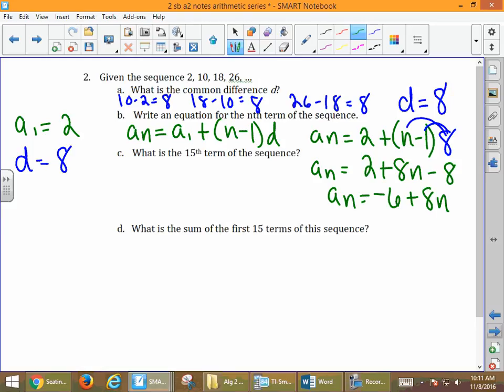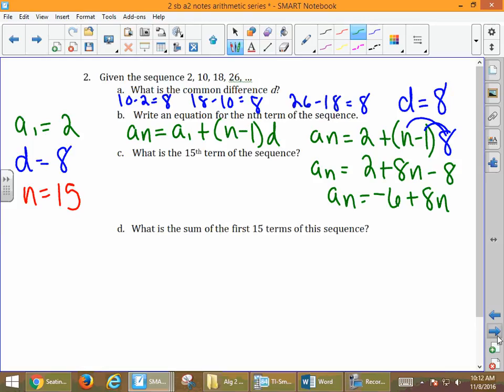And now we're going to use that formula. So even if you infringed on your space there in your notes, we're good. Because now what we know is it says, what is the 15th term? That means that n is 15. So again, people who were absent yesterday, this is probably looking foreign, but this is what we spent our time on yesterday.